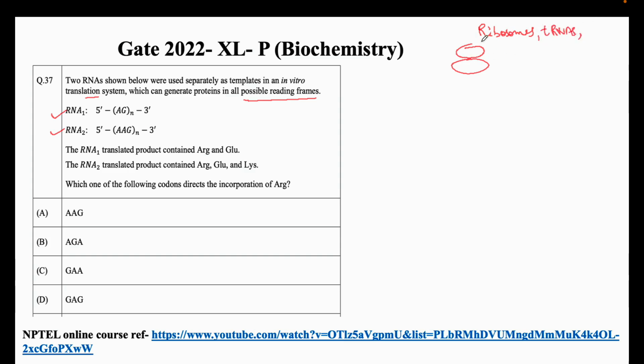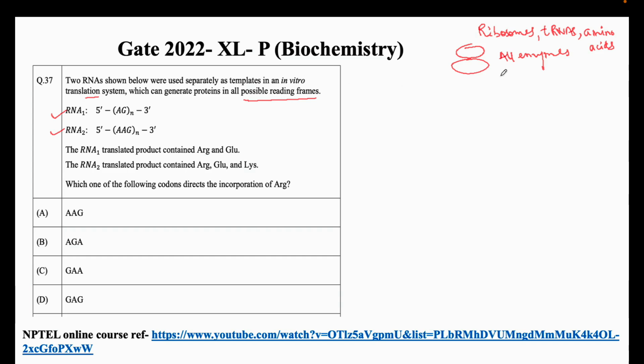What all things do we require? We need ribosomes, tRNAs, amino acids, and all the enzymes. Apart from this, we also require miscellaneous things like cofactors and ions. So we can do this in vitro translation.